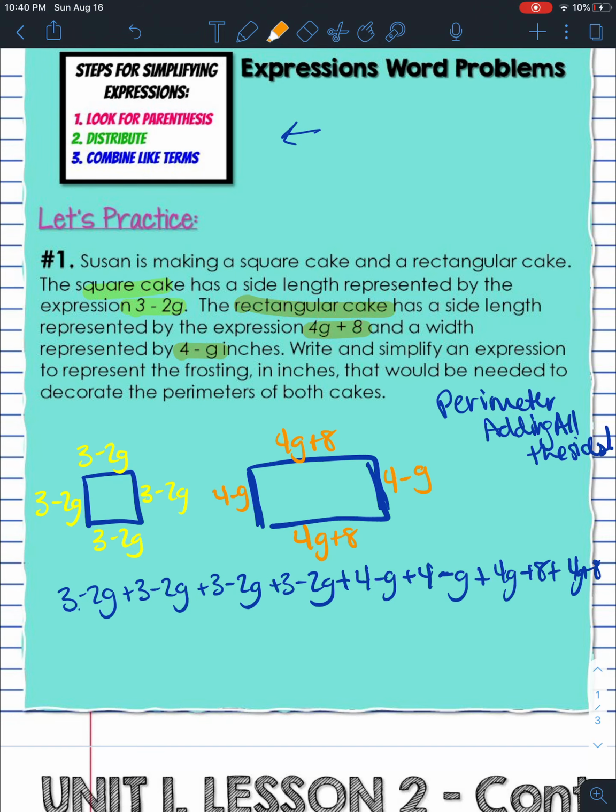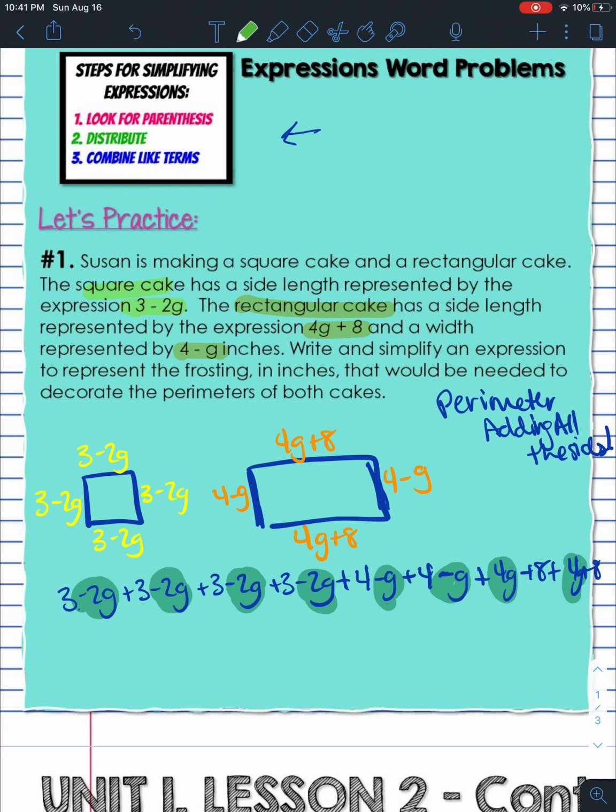So I have a g, another g, another g, g, g, g, g, and g. So I'm going to add those up. I have negative 2 plus negative 2 is negative 4.